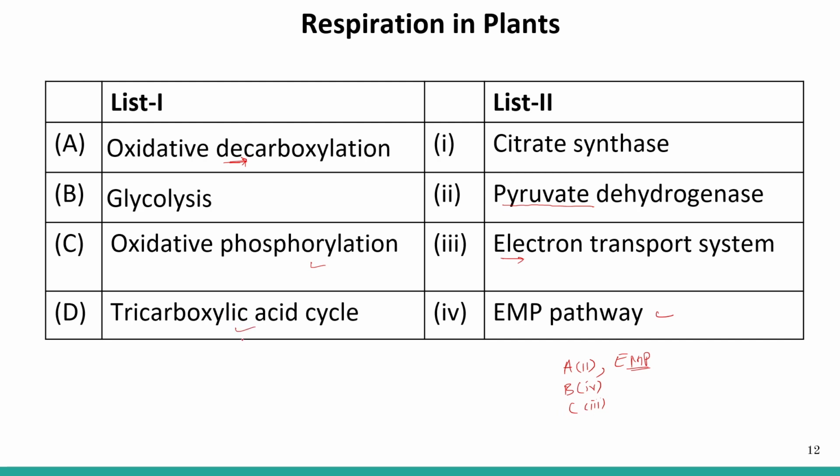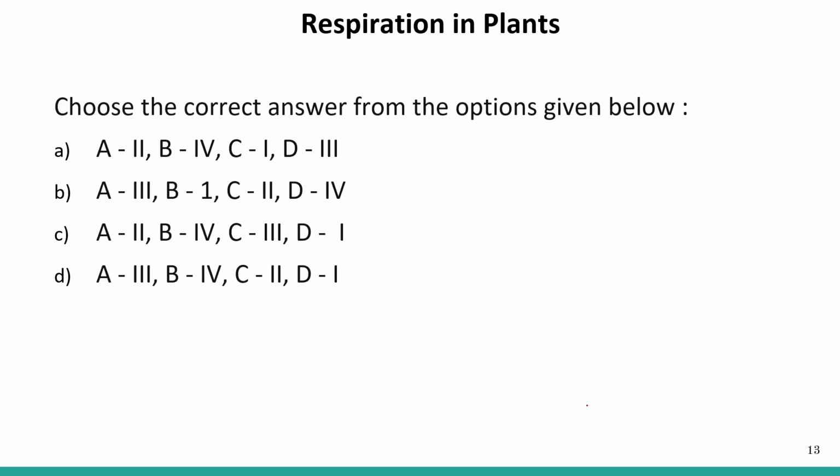Then the tricarboxylic acid cycle, also known as the Krebs cycle, is related to citrate synthase, which is involved in the formation of citrate. So option D should be 1. Let's look at the options. These are the options. What should be the correct answer? The correct option is C. Alright.